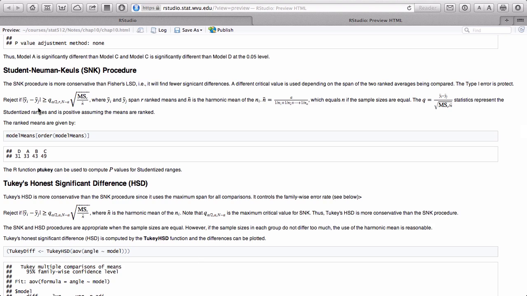This F distribution is skewed and starts at 0, so we only reject in the upper tail. We'll talk a little more about the intuition in the next chapter. But at any rate, the F test is an overall test.